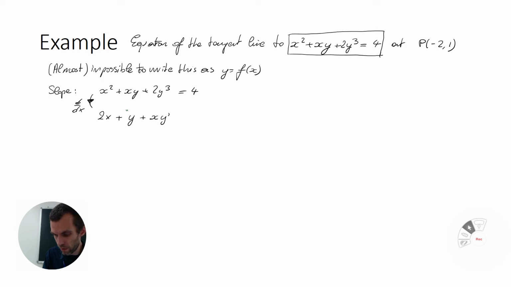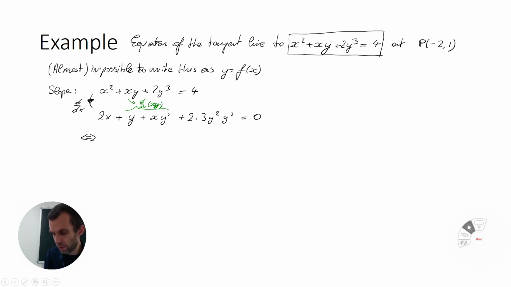So that's the derivative of xy, and then I get plus 2 times 3y squared y prime, and that is equal to the derivative of the constant 4, which is 0.